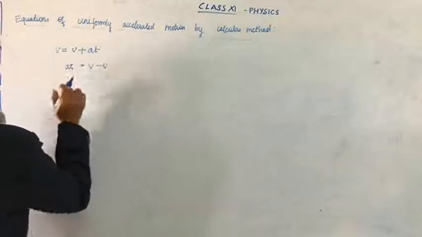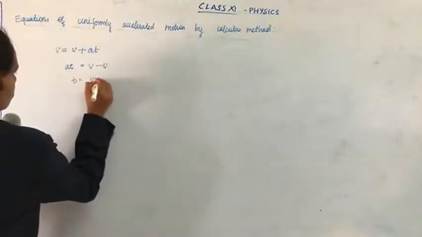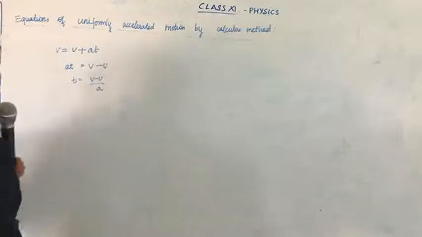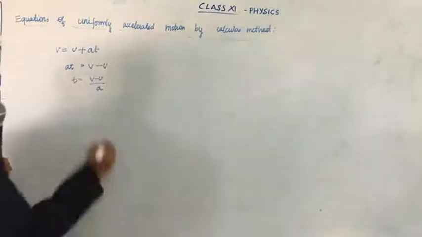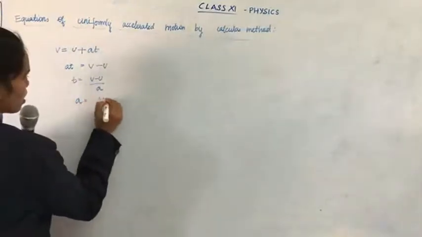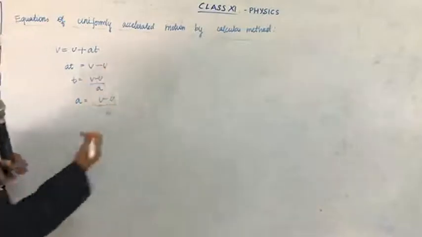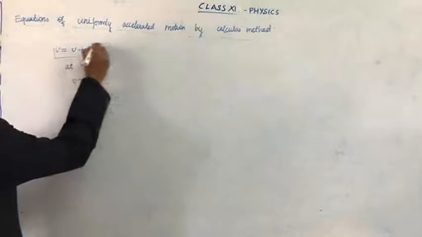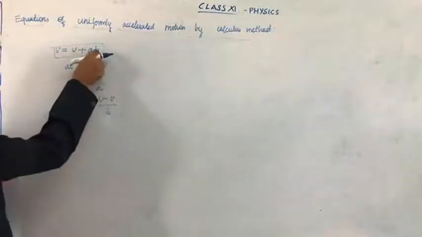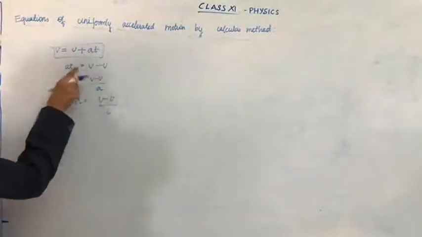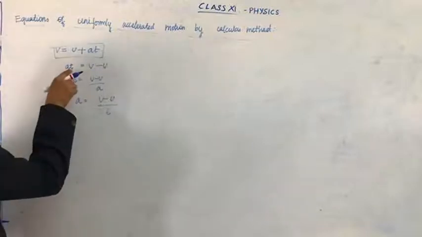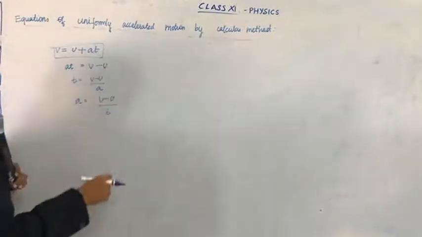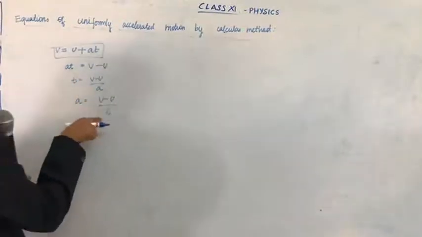Then t equal to v minus u by a, or a equal to v minus u by t. We are resolving from here. v equal to u plus at is the first derived equation.